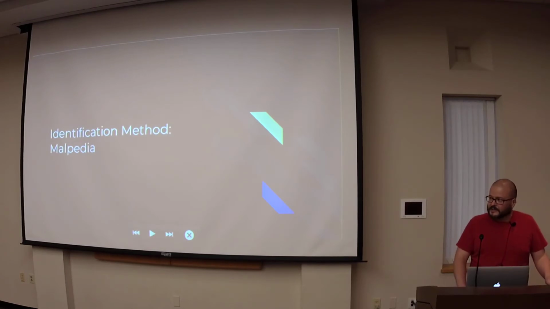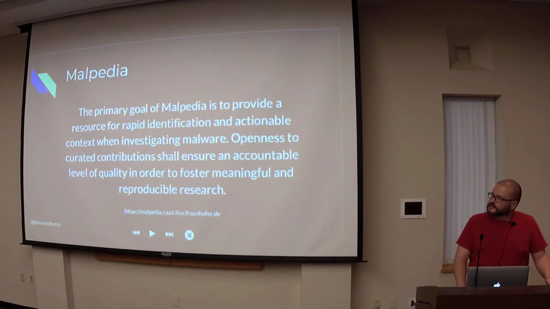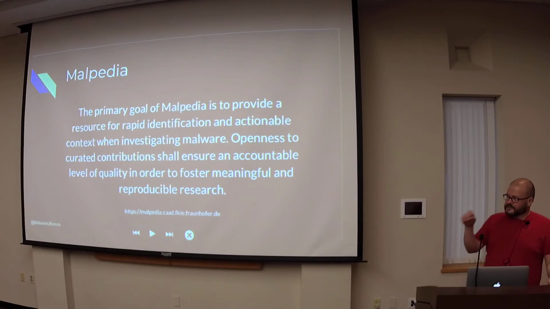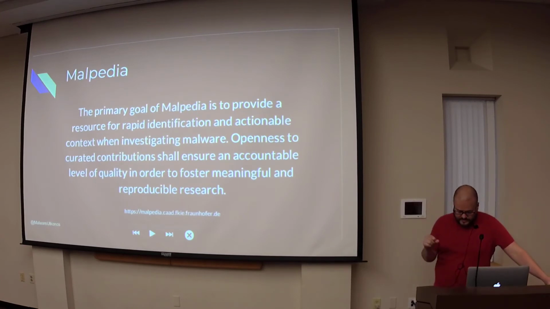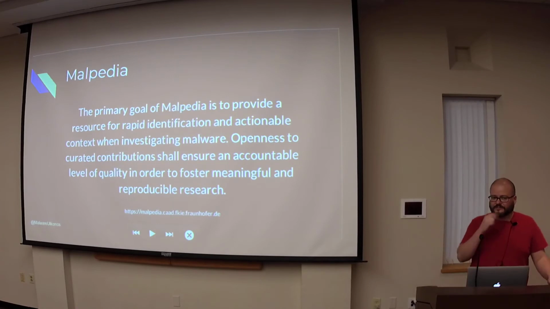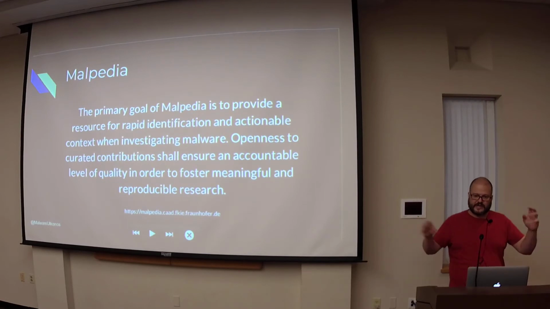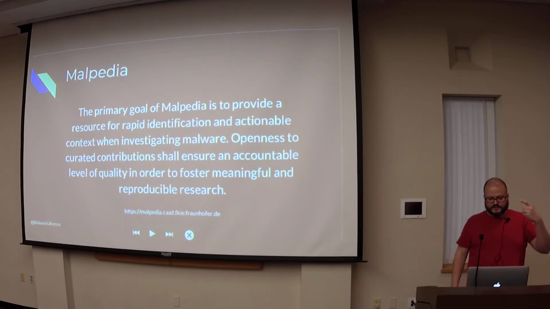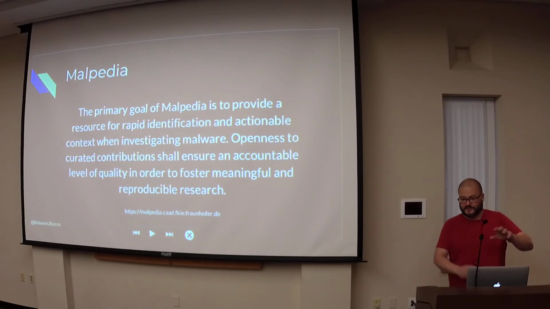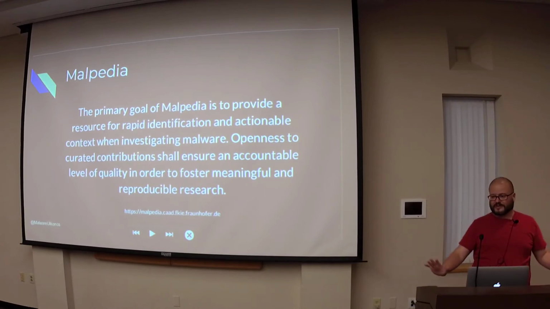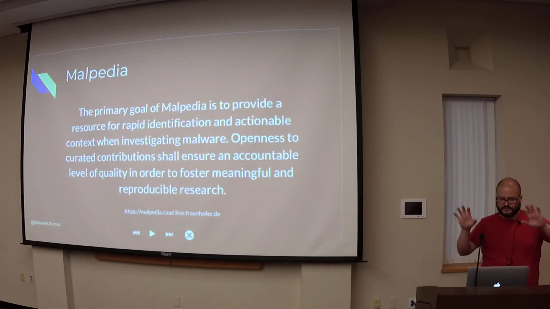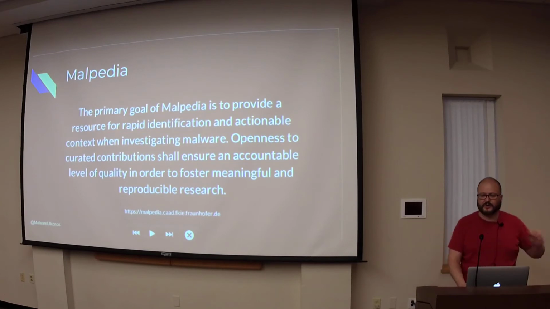With Malpedia, the goal is to provide a single resource for rapid identification of malware. It's basically an encyclopedia with a few different data points. There's a huge number of malware families in there, but the coverage as to signatures and samples varies depending on which one you're talking about.